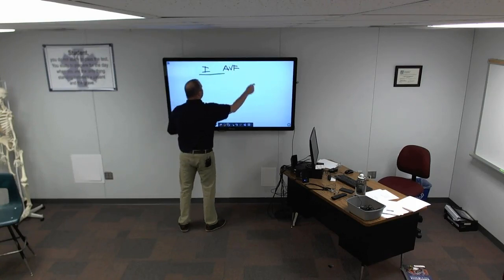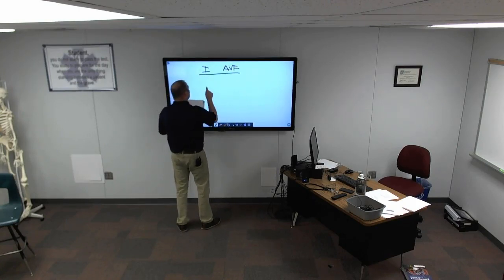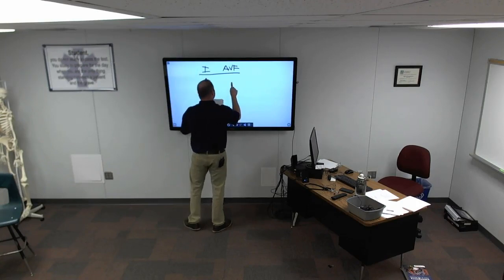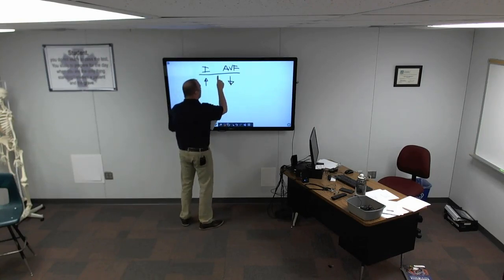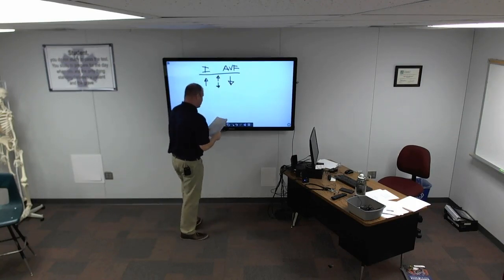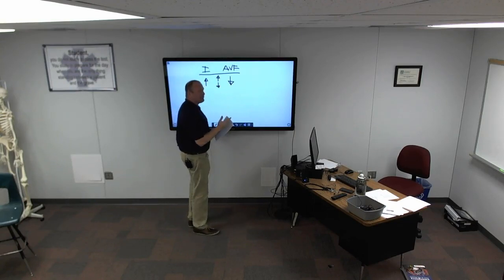So, in lead 1 and AVF, if lead 1 is upwards and lead AVF is downwards, as you can see, let's put these two together as one. The easy way to figure this out is these two have left each other.